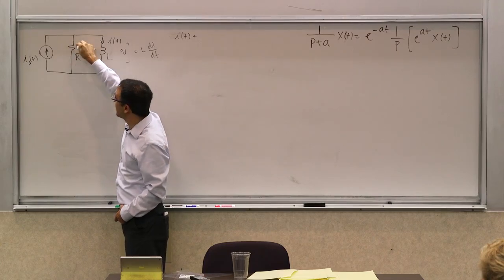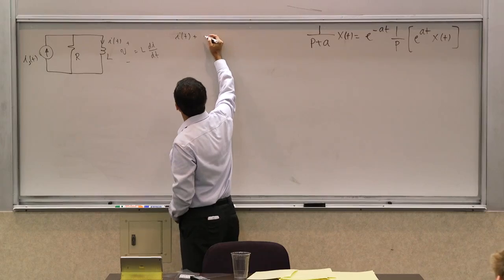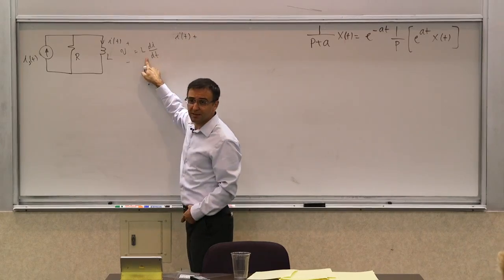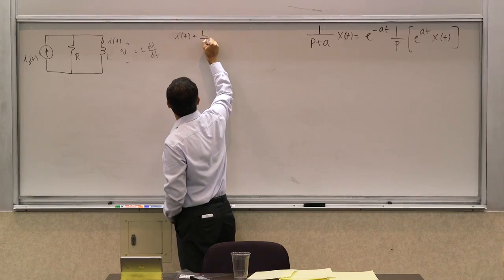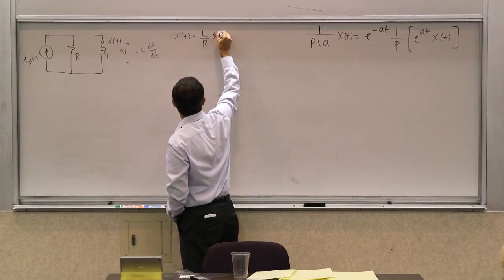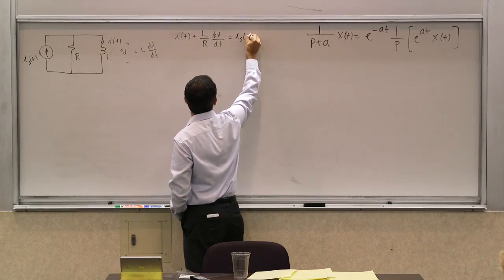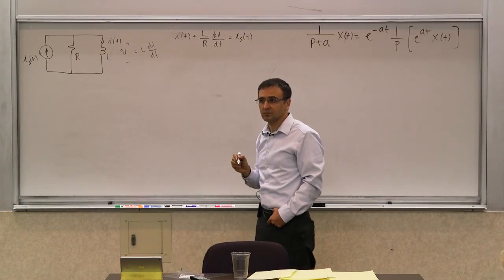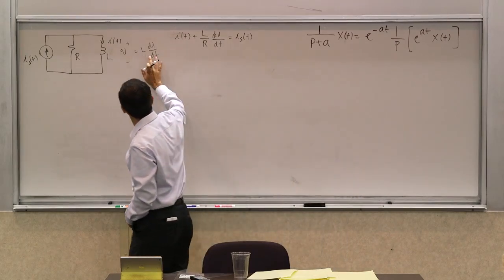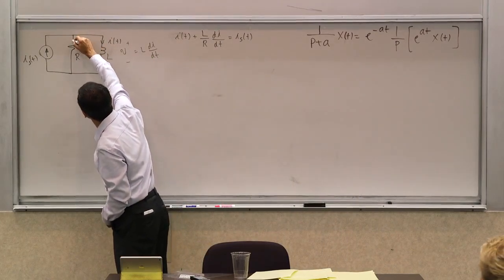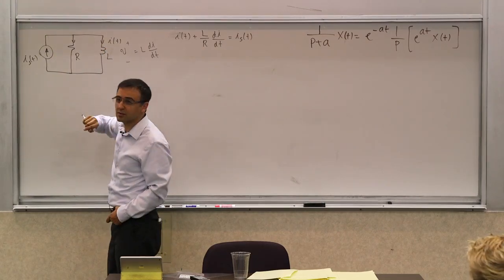So it's V divided by the resistor, but the voltage is basically L di dt. So if I want to write everything in terms of I, I would get L over R di dt plus I equals Is of t. I just basically took this voltage, divided it by R to produce this current, and I said these 2 currents are equal to the sum of those 2 currents.